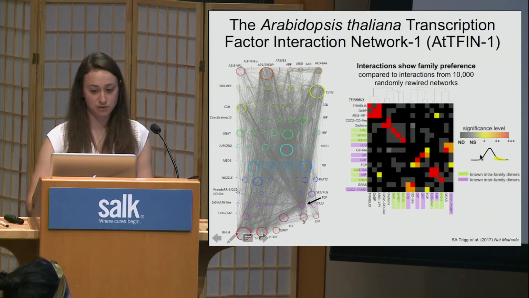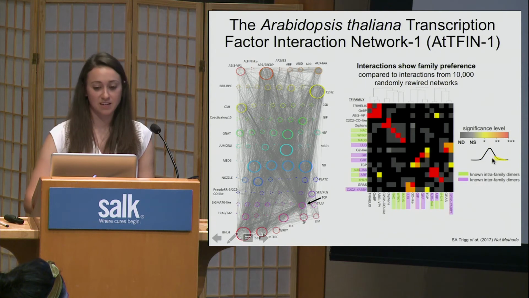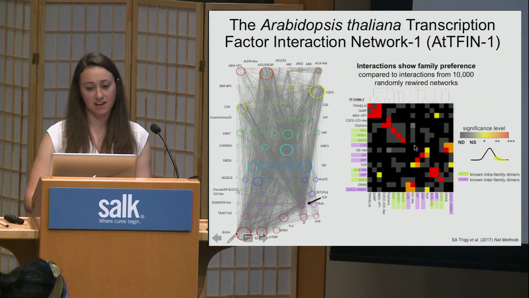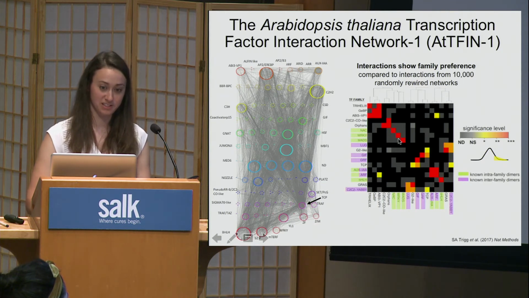And then I got a distribution of family interactions for the random networks, and compared the data from ATTFIN1 to this. And if the data that I observed was in the 95th percentile or higher, it was considered significant. And so if it was in the 95th percentile of that, they're colored yellow in this heat map plot.